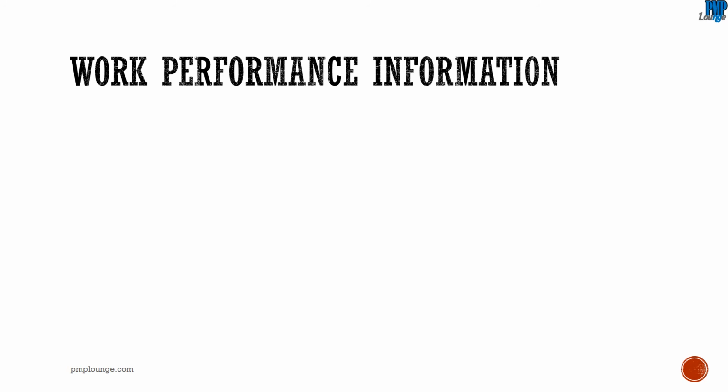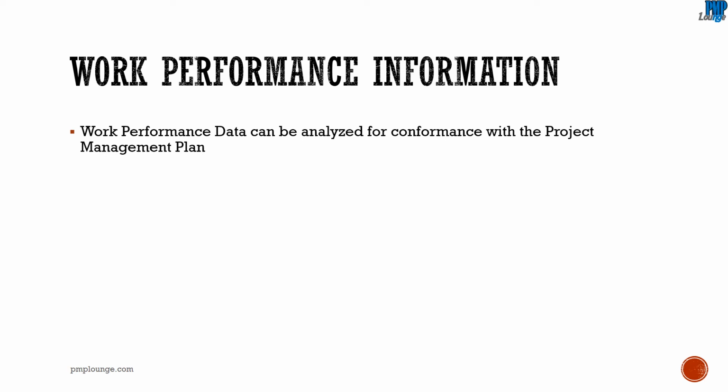We move to work performance information. Now that we have data, it can be analyzed for conformance with the project management plan. So I just mentioned that 45% of the code was complete as of 1st January.